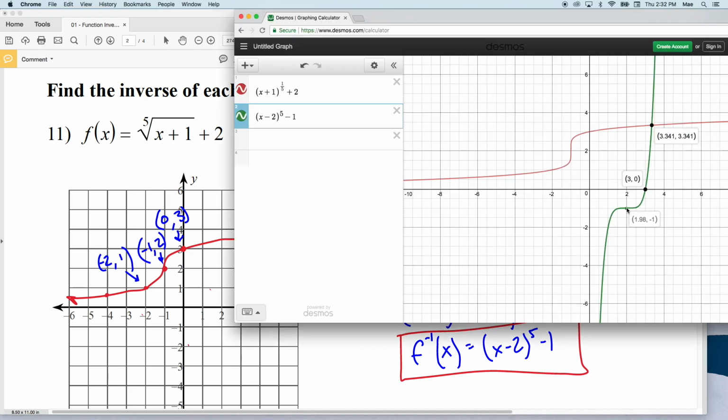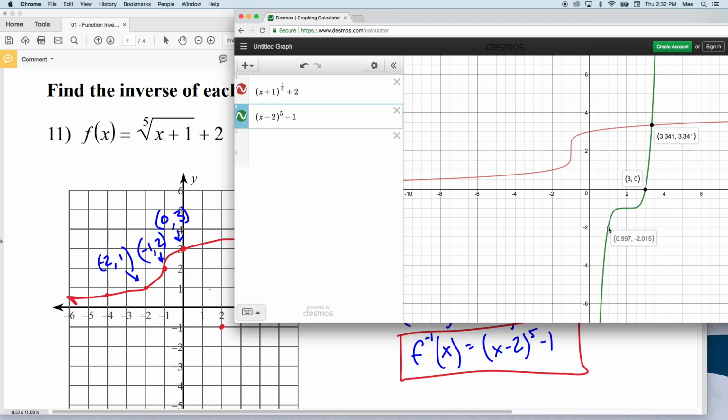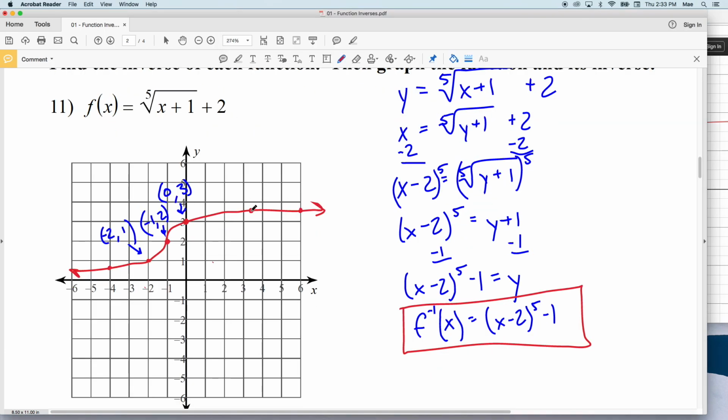We have point 2, negative 1, so 2 in the x, negative 1 in the y, and we have 1, negative 2. Here was 3.3, 3.3, 3, 0, 2, negative 1, and 1, negative 2. Now I'll go ahead and draw my graph.